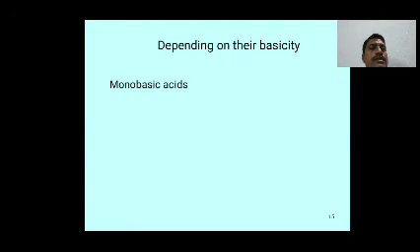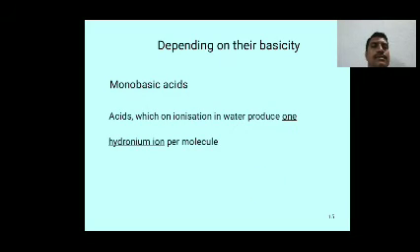Depending on their basicity, there are monobasic acids. Acids which on ionization in water produce one hydrogen ion, or hydronium ion, per molecule are called monobasic acids.